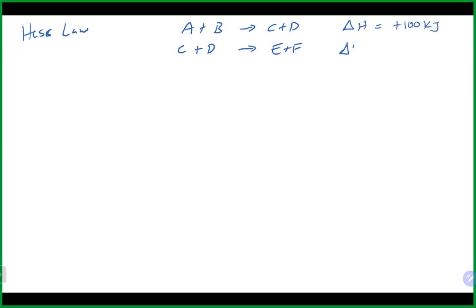And for this guy, we'll call it minus 50 kilojoules. So if we were to add these reactions together, anything on opposite sides of the arrow would cancel out. So the C on both opposite sides would cancel, also would be the D's. This would give us our overall reaction, A plus B goes to E plus F.